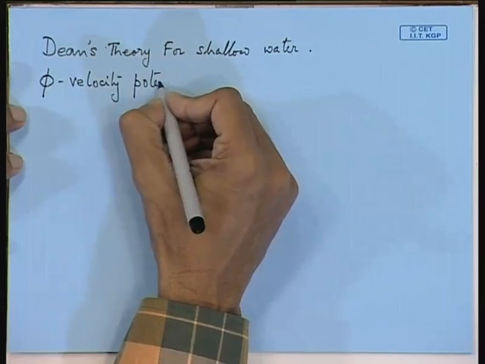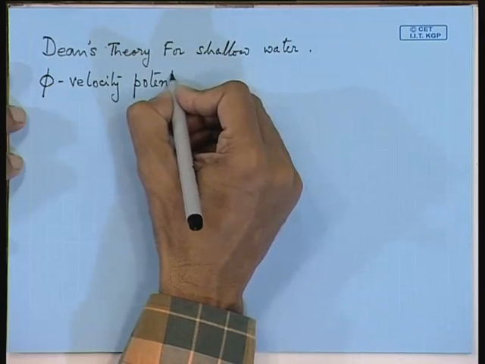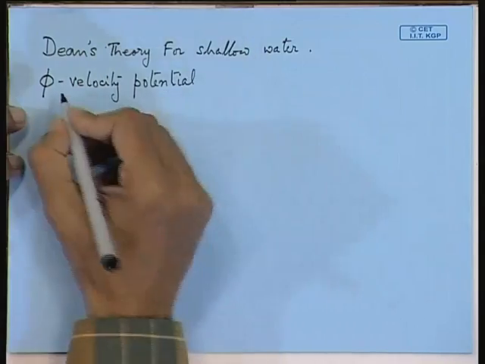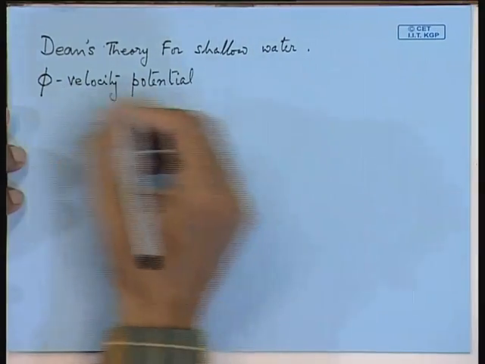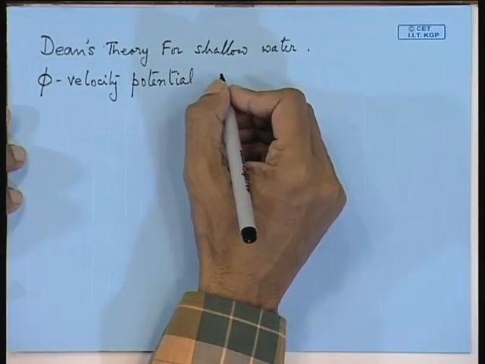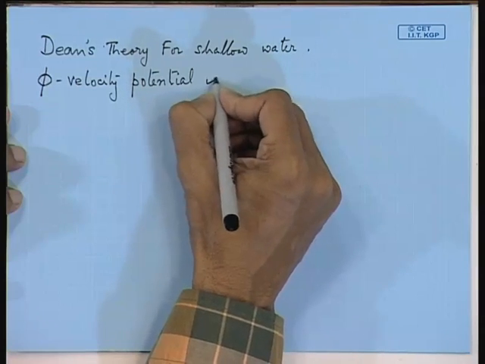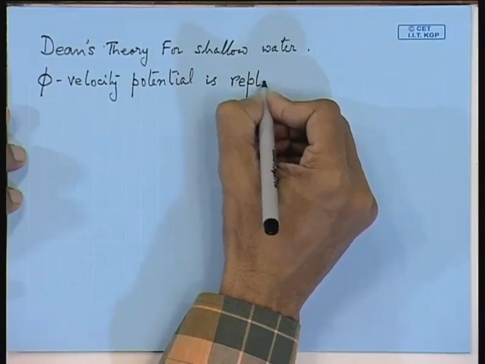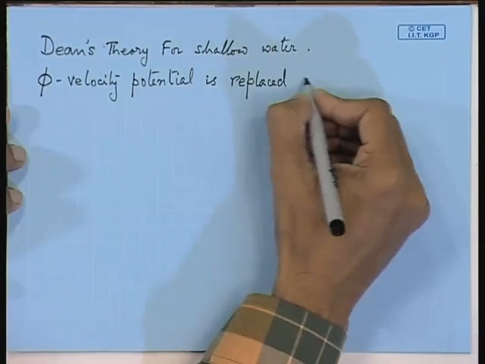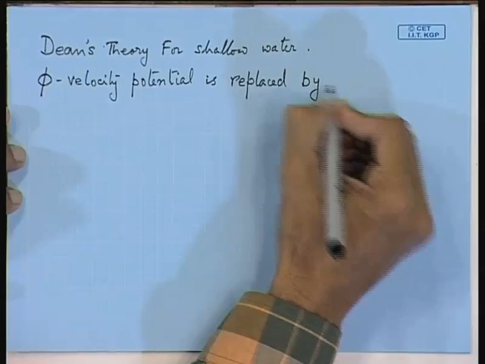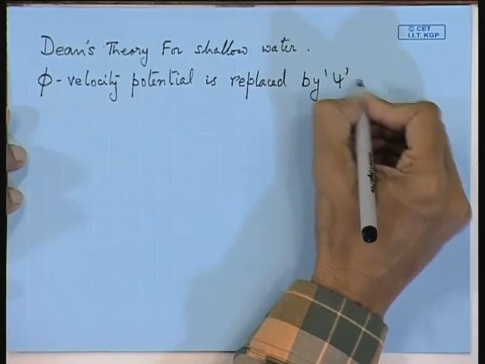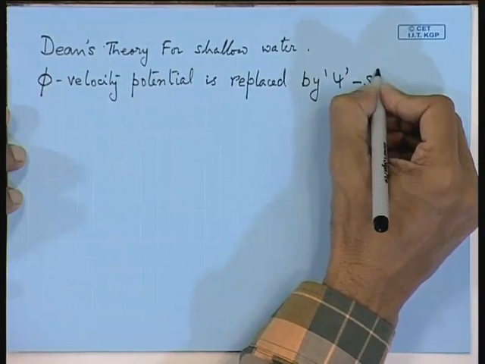Now, what is the meaning of this term velocity potential? It means the differentiation of phi will give you the velocity, isn't it? So, velocity potential is replaced by another term, psi. This is called stream function.